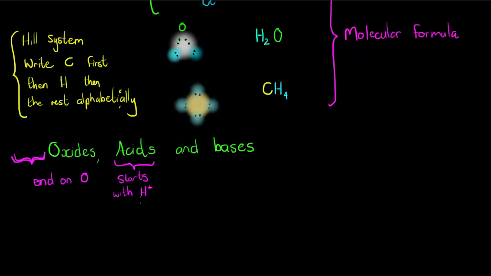So acids will usually be a cation bonded to an anion, so then we will have some anion here at the end. That's acids. Bases end with an OH.